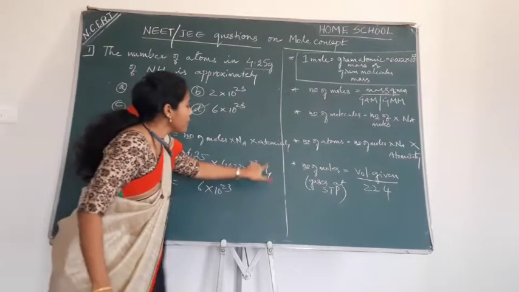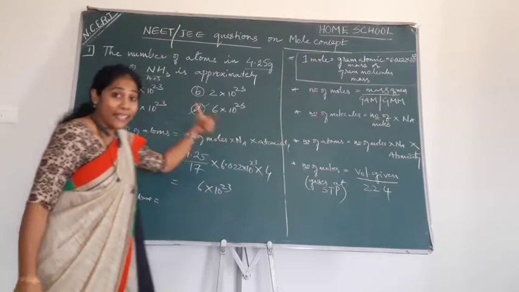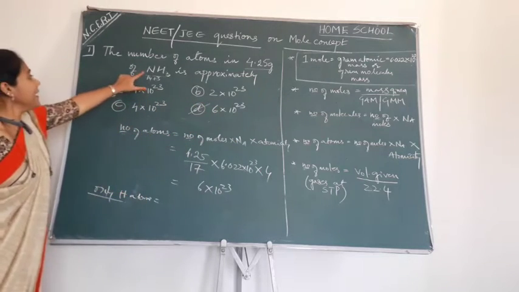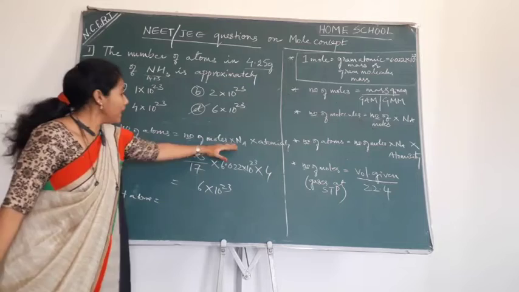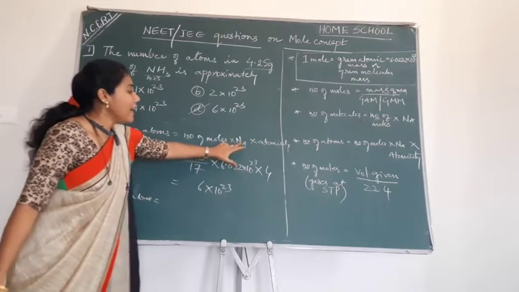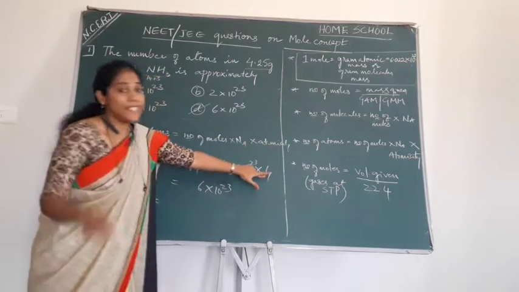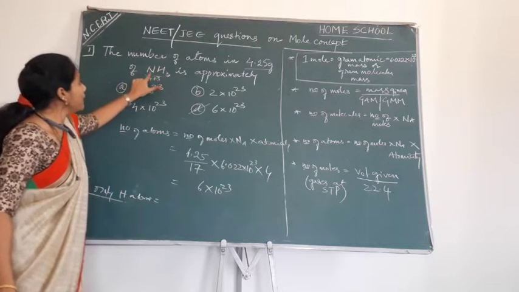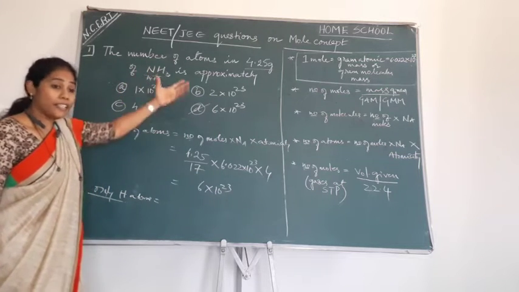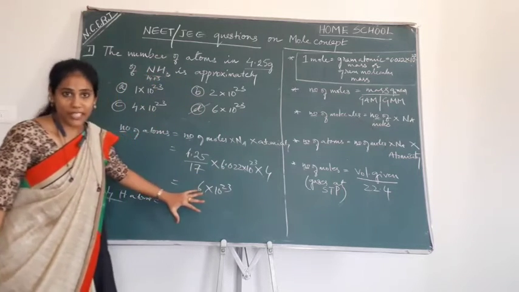So atomicity here should be 3. And if they have asked how many nitrogen atoms, then what change will you make in the formula? Number of moles as it is, Avogadro number, then atomicity is 1. Yes or no? So how many nitrogen atoms are there in the formula? Only 1. So according to the question, you have to change the calculation.